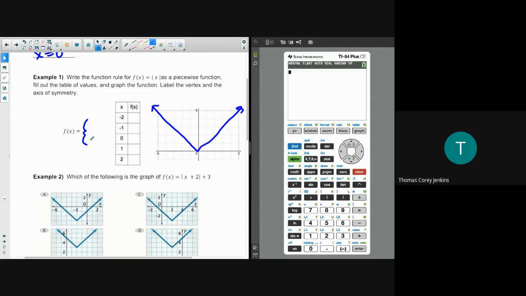So that should say y equals x. And then from when x is less than or equal to 0, we'll just say less than 0, it's y equals -x.